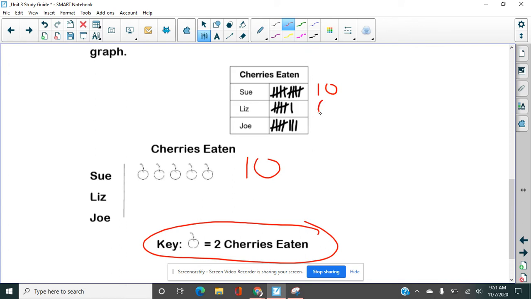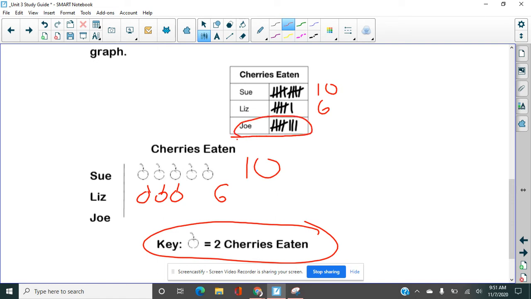So Liz has 6. So when I'm drawing the picture chart here, picture graph, I'm going to draw 1. So that's 2. That counts as 2 cherries. So 2, 4, 6. Okay, see how that works? That's worth 6. All right, you help me now with Joe.